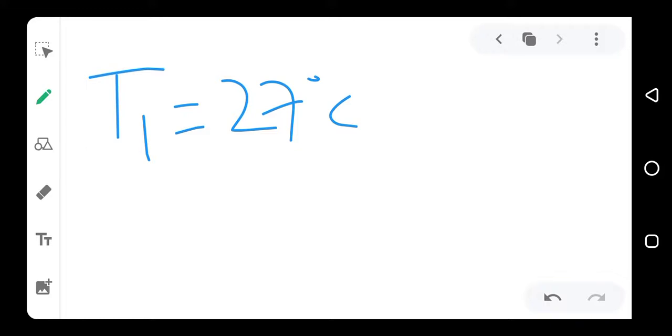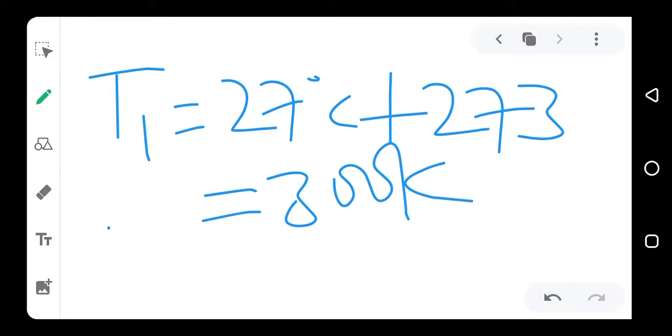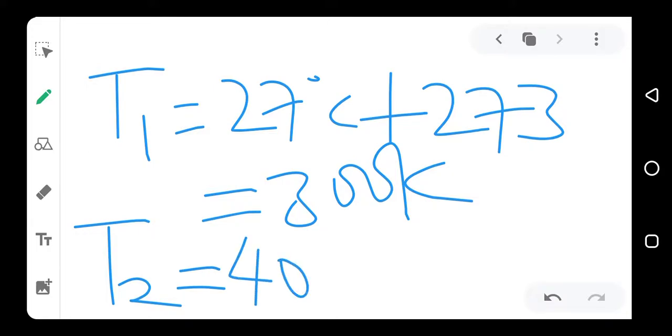If we are given any value in degrees Celsius and we are asked to convert it to Kelvin, we add 273 to the value and then we get the value in Kelvin. So T1 is equal to 27 plus 273, and this gives us 300 Kelvin.